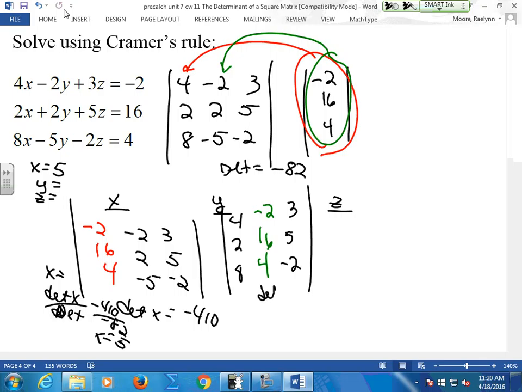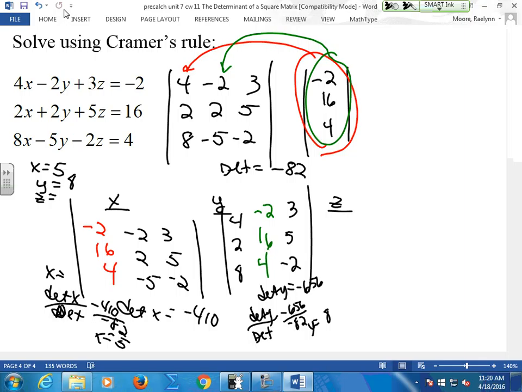So find me the determinant of y. You got it. So we're going to take your determinant of y over the big one. So y equals 8. Okay, so y equals 8. You got it.